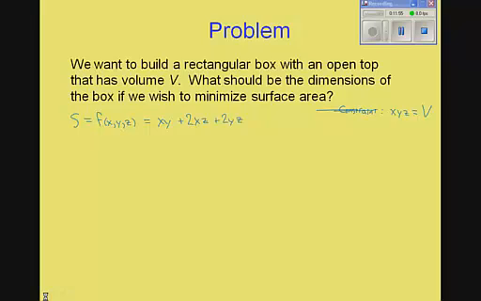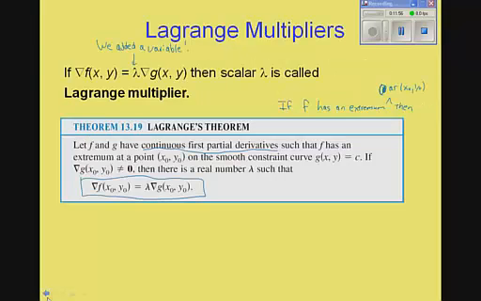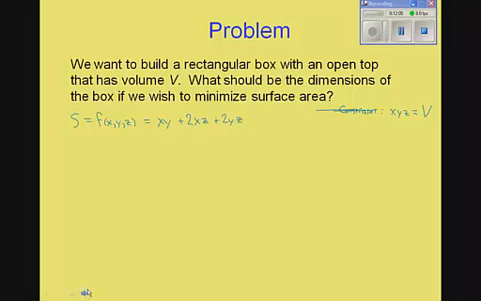I think it even says that in the theorem. Let me look at that. No, they say g equals a constant. All right, well, that's fine. So I'm going to say g of x, y, z equals xyz minus V. I guess I didn't have to subtract the V, but it's my habit here.